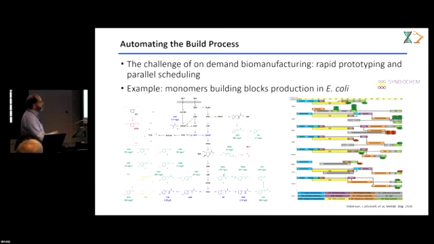And you see here in these chronograms how each different target proceeds through the different steps or stages of the DBTL that I showed at the beginning of my talk. And obviously the challenge here is that you need to decide about resource allocation, when the robots are available, and assign slots depending on the priorities.